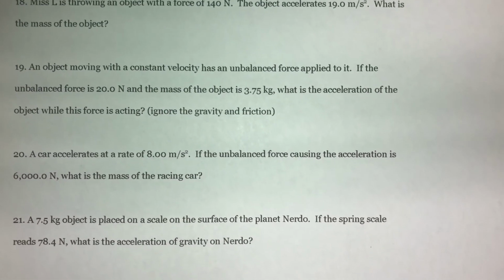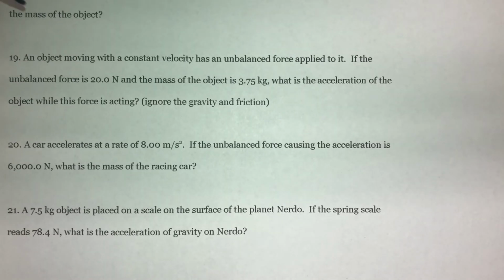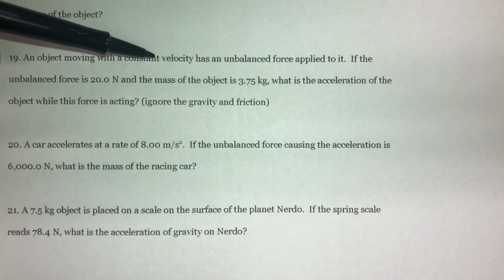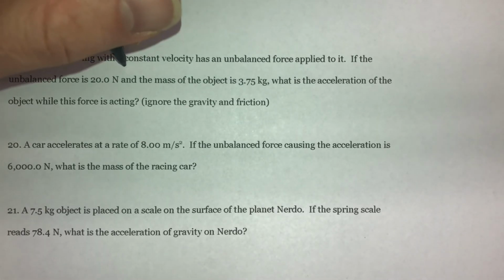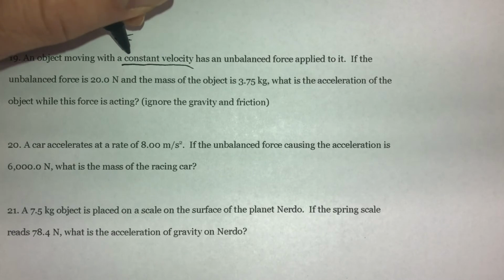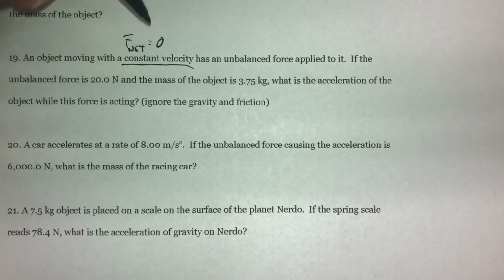Let's go to number 19. An object moving with constant velocity has an unbalanced force applied to it. What does that mean? We have an object moving with a constant velocity, meaning there is no net force on it. So here, net force equals 0.